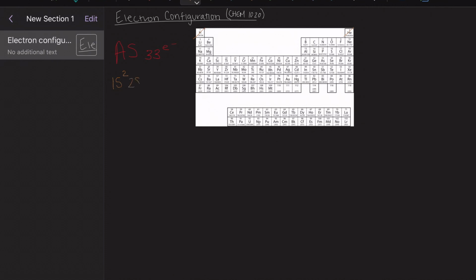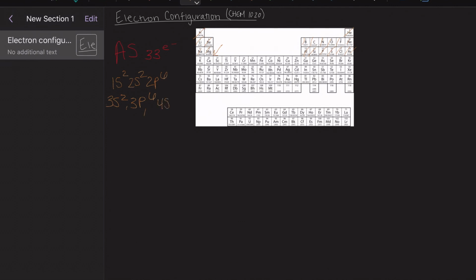Then we'll do 2s2, 2p6, 3s2, and then 3p6. So now we're all the way down here.